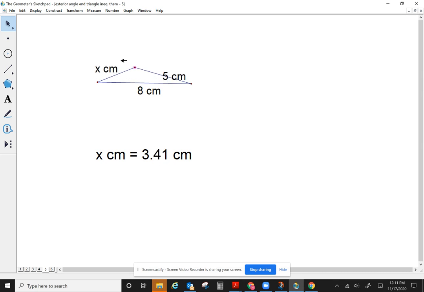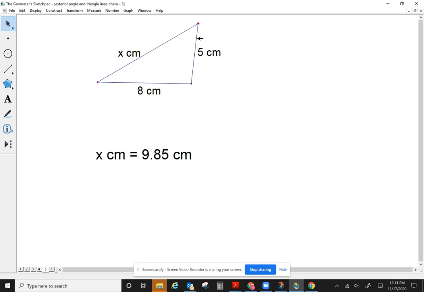So it has to be more than 3. What if I go on the other side? It seems the smallest value it could be is 3, but it has to be more than 3, because at 3 it becomes a line. So for a triangle, it has to be a little more than 3, whichever way I go. That's the smallest possible value.